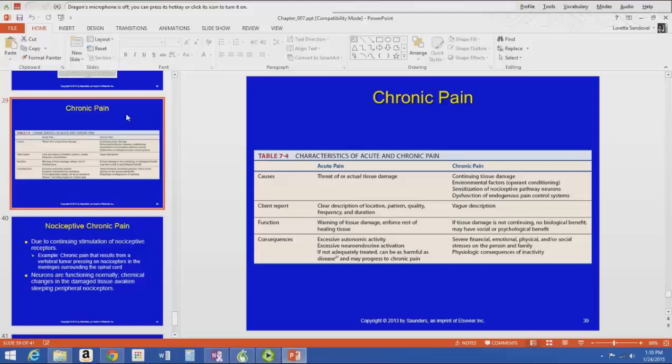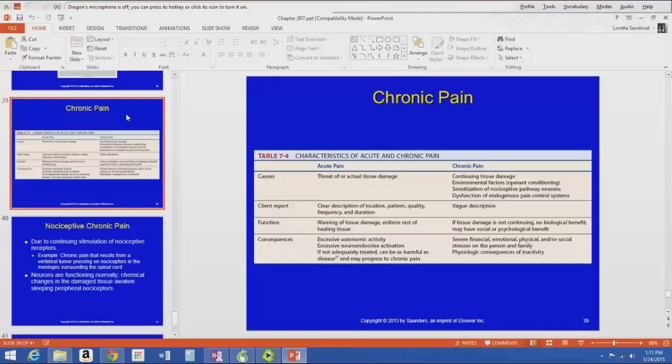So the function of acute pain is often a warning of tissue damage, or it's enforcing rest of healing tissue. So you limp to stay off that leg so that tissue can heal. With chronic pain, if tissue damage is not continuing, there's really no biological benefit.